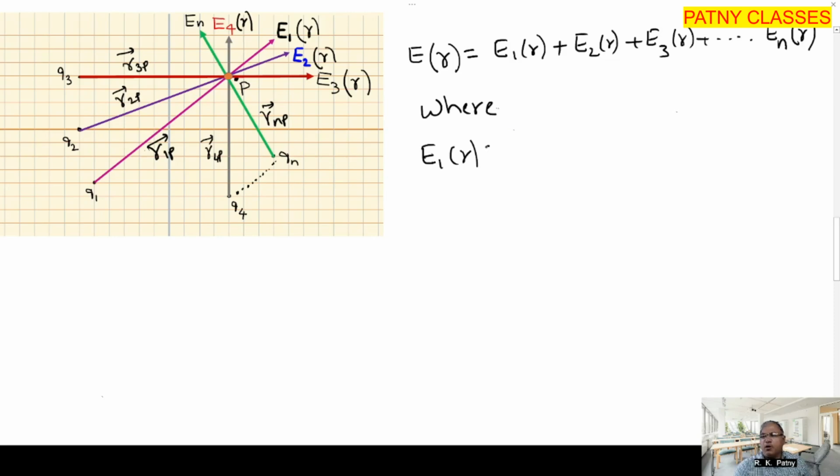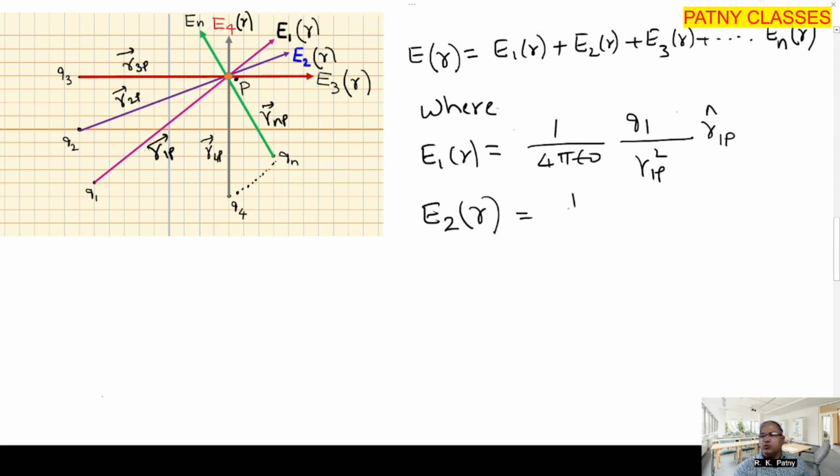E1 of r equals 1 upon 4 pi epsilon naught Q1 upon R1p square multiplied by unit vector R1p. This is the electric field due to Q1 at the point P. Similarly, electric field at the point P due to the charge Q2 is equal to 1 upon 4 pi epsilon naught Q2 upon R2p square multiplied by unit vector R2p.